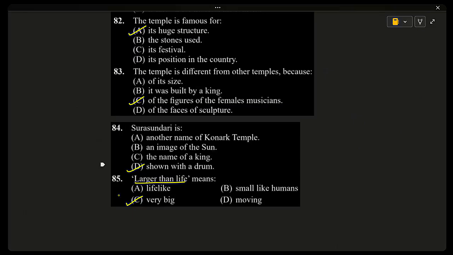So imaginary things may happen. Like if you see some different movies, very good visuals are there. So larger than life means it's very big, bigger than the normal life we are experiencing. So that is very big. So doubts in this passage, you can raise your hand.